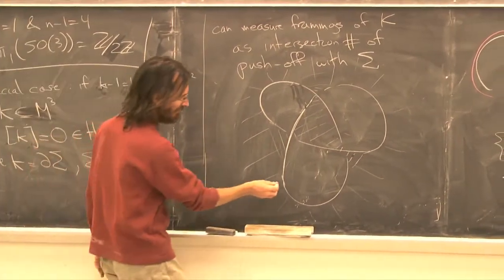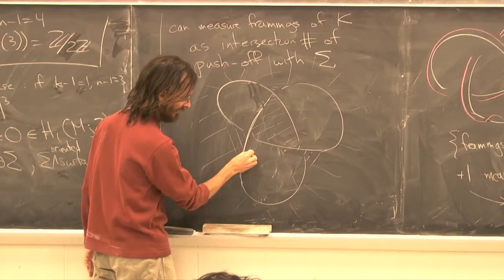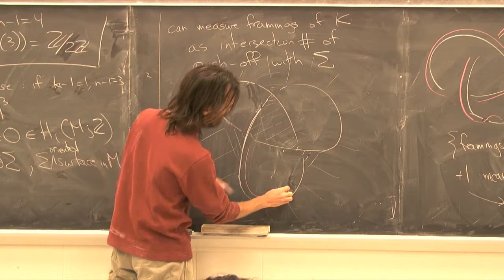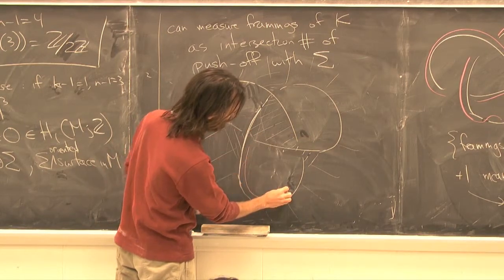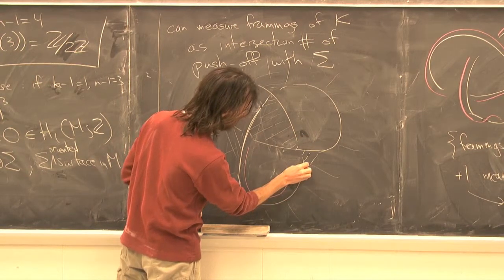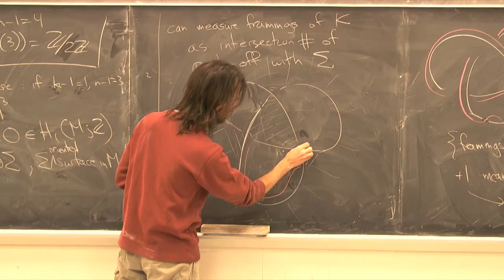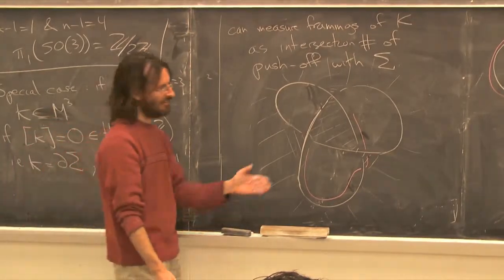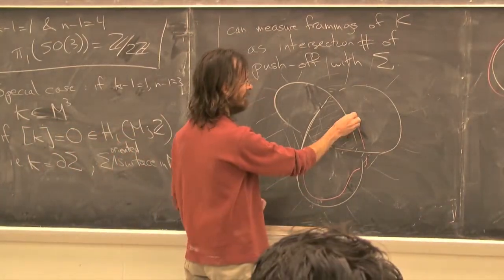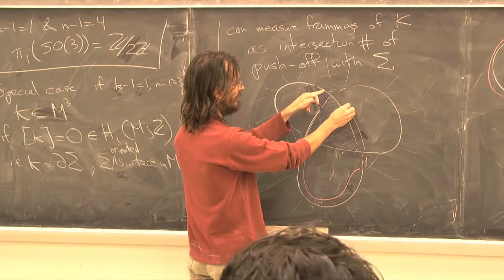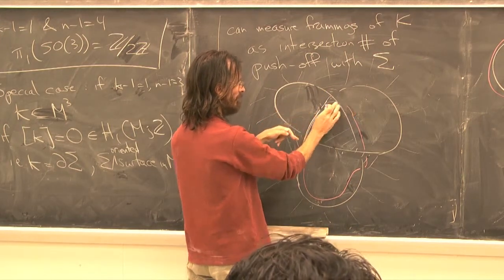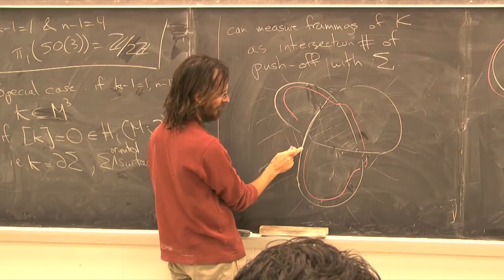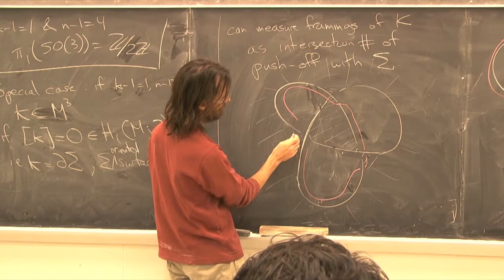right? I should come through here. Let's say I want to draw something that's 0. And here it's not intersecting the surface. Now if I wanted to come out here and still not intersect the surface, it's got to go under. And now I avoided intersecting the surface there, because I'm behind, because this is a half twist. And then I come here, if I want to avoid intersecting the surface here, I better go over. And then if I want to avoid intersecting the surface here, I better go under.